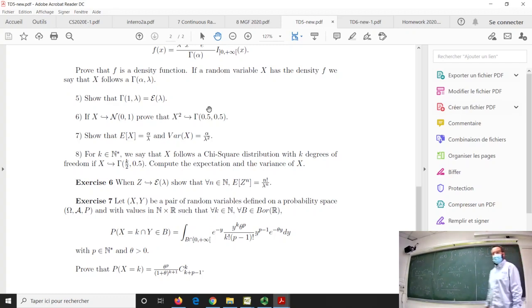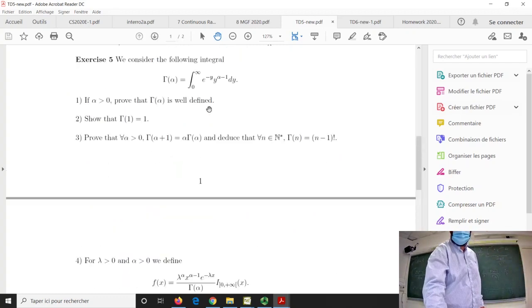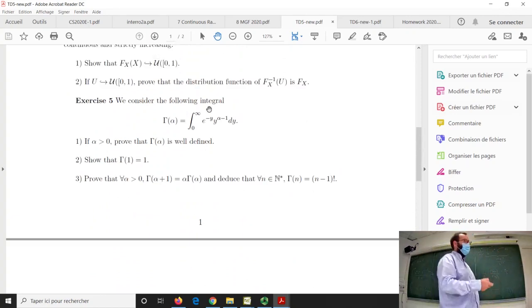We are going to use once again what we have used previously, this one here. I know that gamma of alpha plus 2 is equal to alpha plus 1 times gamma of alpha plus 1. Gamma of alpha plus 1 is equal to alpha gamma of alpha. So this one is equal to what?